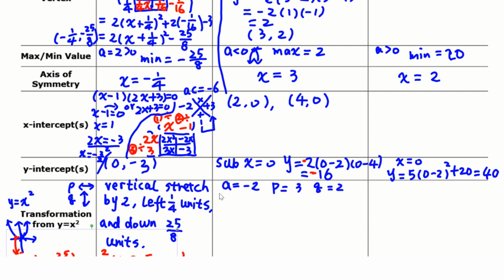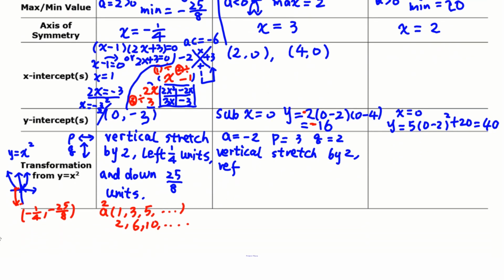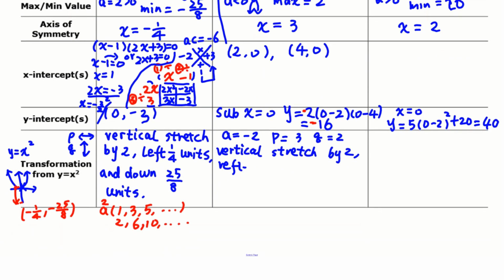Then a is negative, so it will be reflected. So vertically stretched by 2. Because it's negative, the whole graph opens down, we say it is reflected in the x-axis.